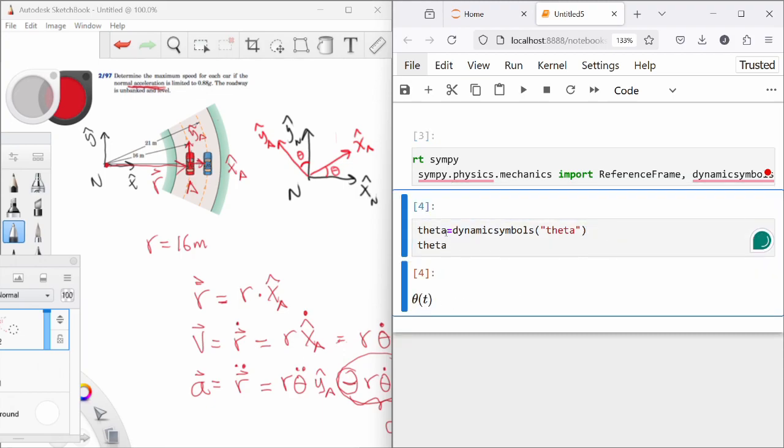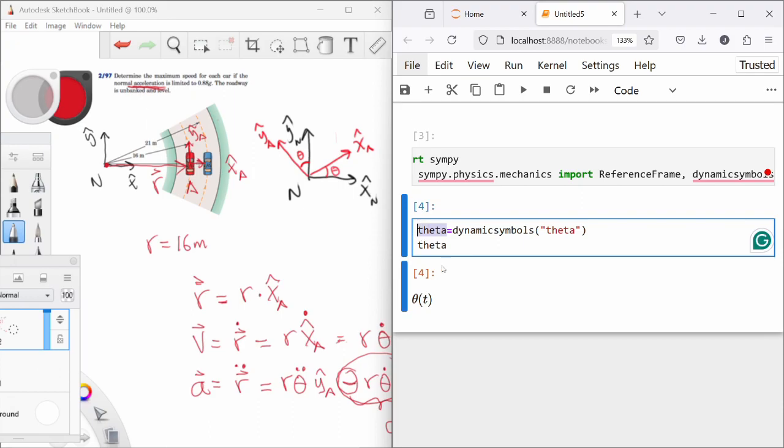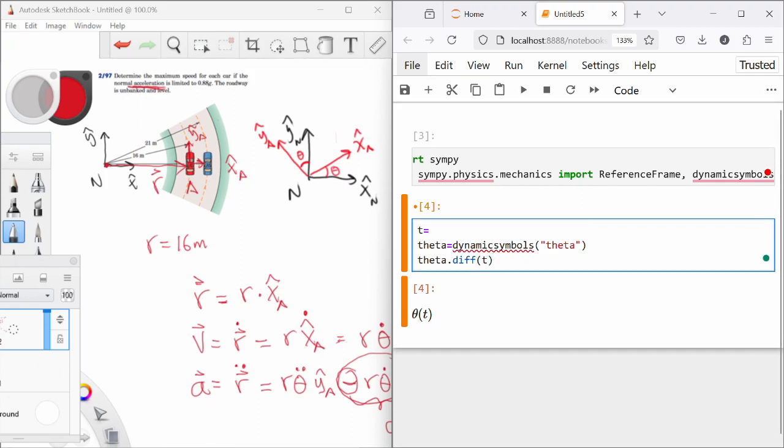And now we have a symbol theta stored in the variable theta. We can compute its derivatives with respect to time, but in order to use the variable t, we have to define the variable.